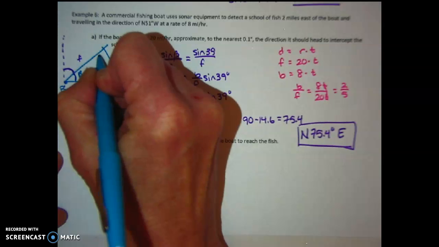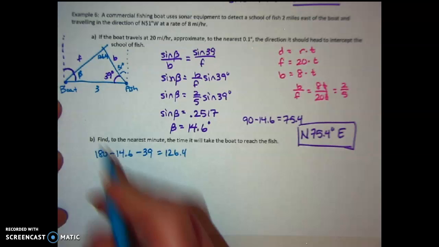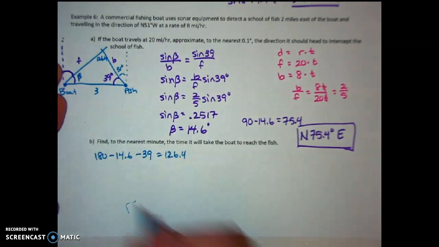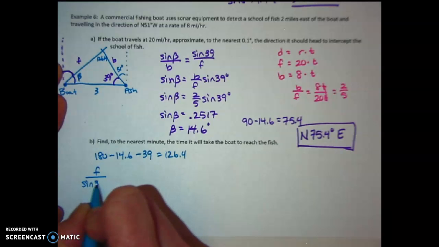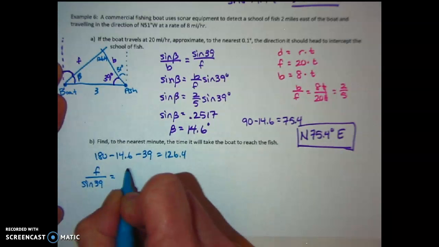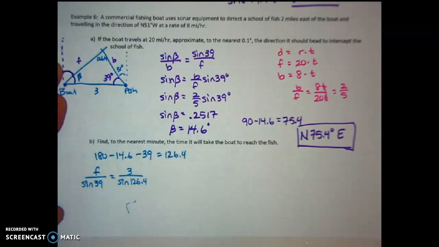So this angle up here is 126.4. So now I can solve this for f by taking f over the sine of 39 degrees equals 3 over the sine of 126.4 degrees.